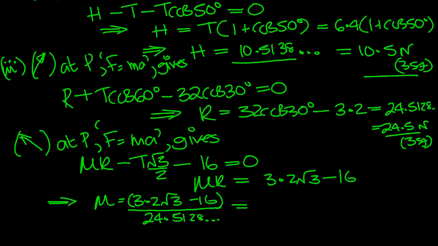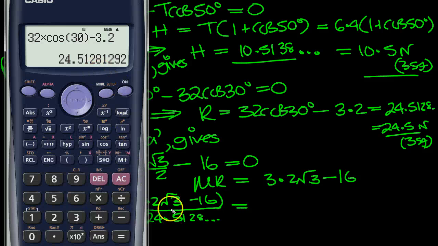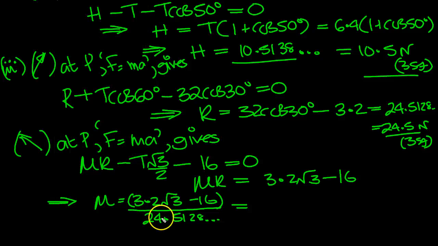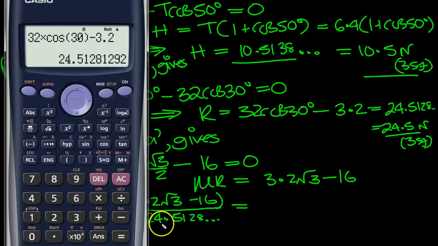So mu is equal to then. Now we've got that in the calculator here. That'll be under ans, won't it? So if we just do 3.2 root 3 minus 16 on top divided by ans, we'll get the final answer.